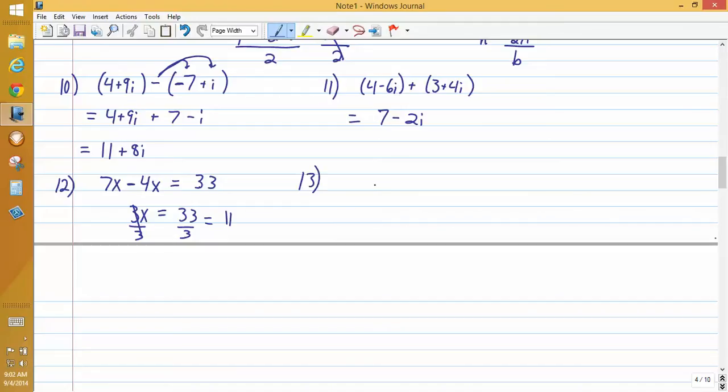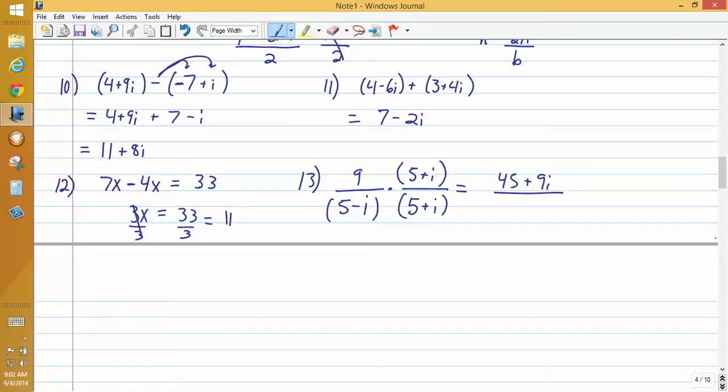Number 13. Divide and express the result in standard form. So I need to multiply by the conjugate. The conjugate is 5 plus i. So that's going to be 45 plus 9i over.